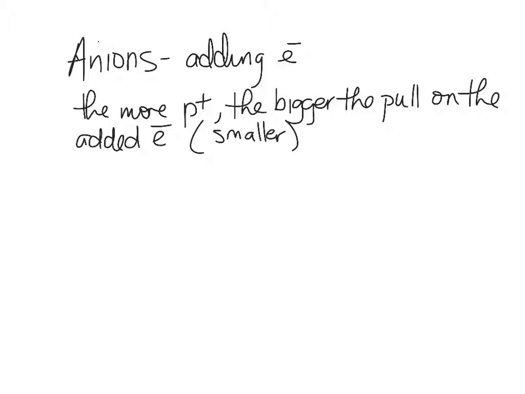What's going to be making them bigger? Why is nitrogen 3-? What else is at play here? Nitrogen 3-, yeah? Because it has fewer protons to assist in pulling the electrons in, yeah.